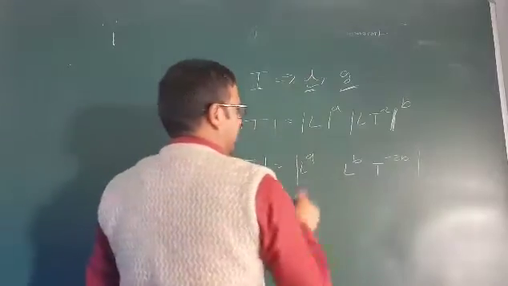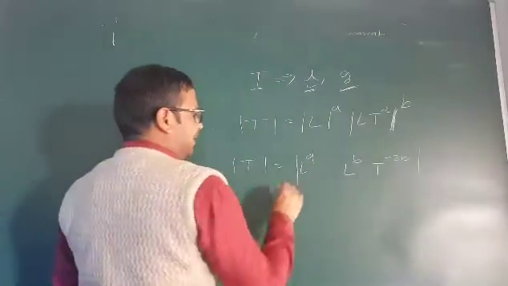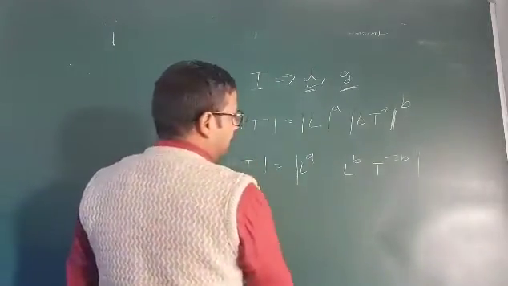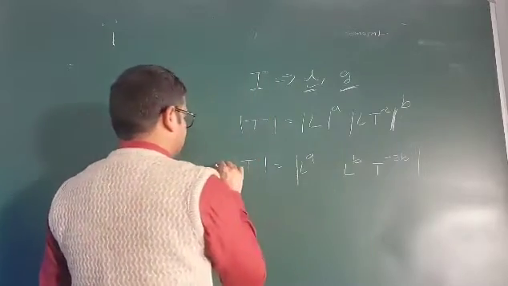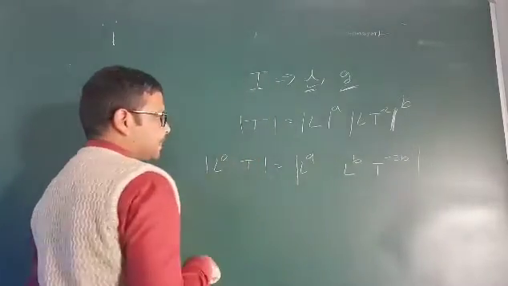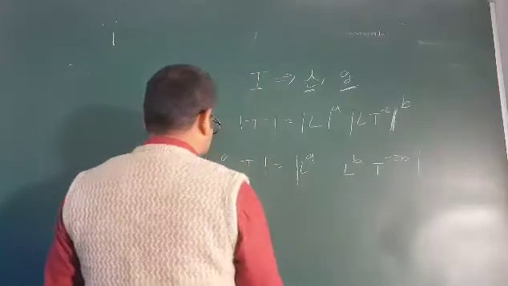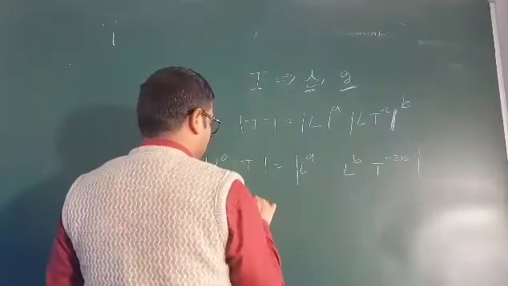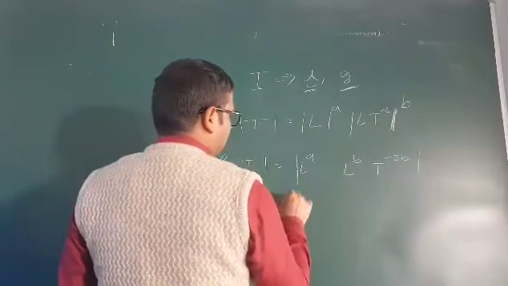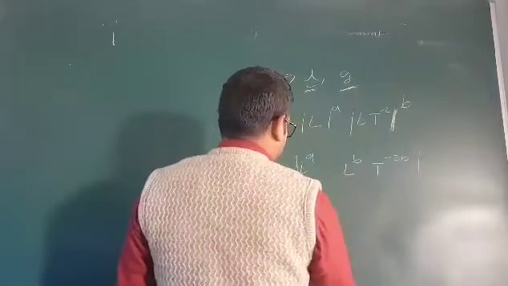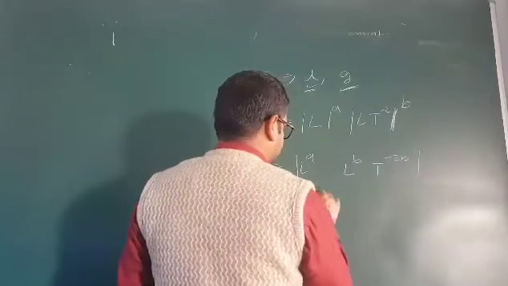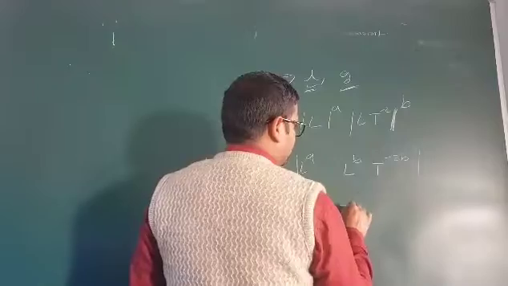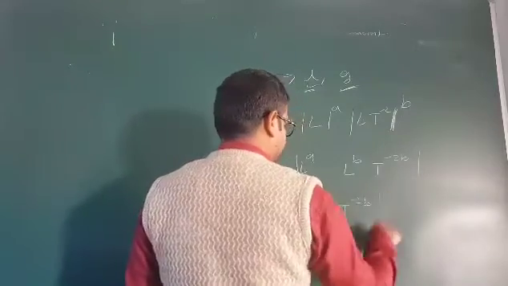Just compare the dimensions of both sides. There is no L on the left, so suppose L to the power 0 is there. Now what will become? L to the power 0 into T to the power 1 equals L to the power a plus b into T to the power minus 2b.